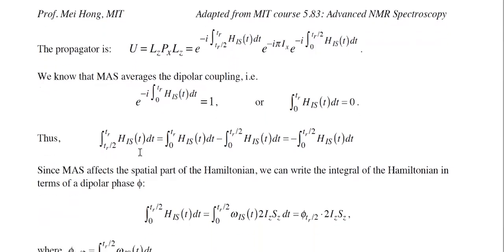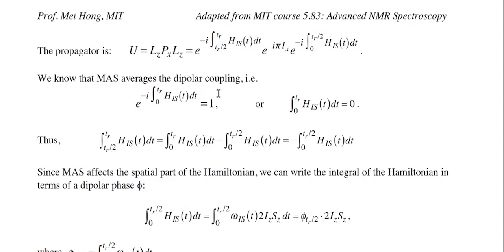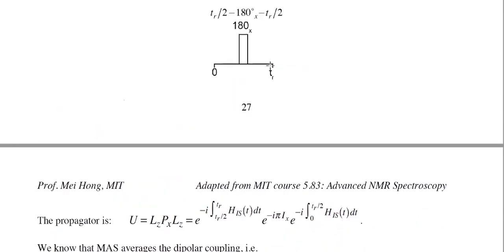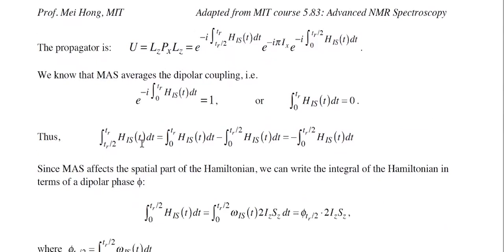That's all good. Why do I want to emphasize this somewhat trivial point? Because I would like to make the point that for the second half of the dipolar evolution, TR over 2 to TR, the phase developed under the dipolar Hamiltonian is related to the first half of the dipolar evolution phase in a simple way.